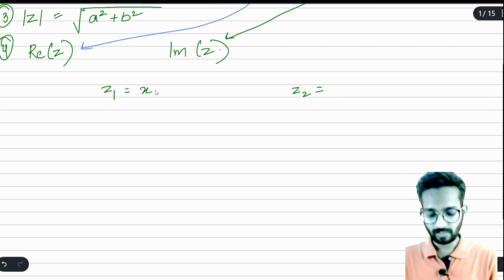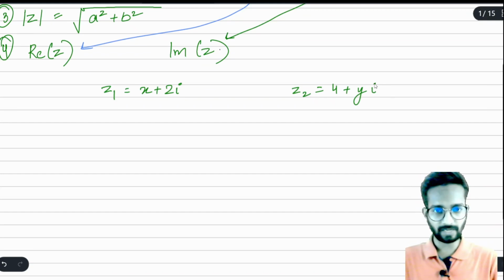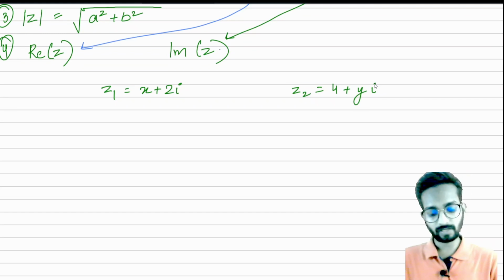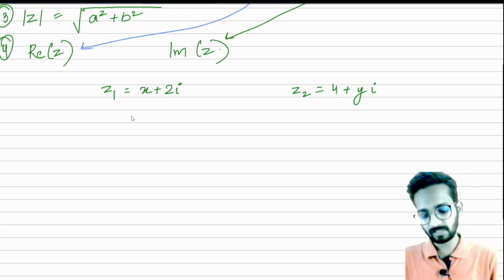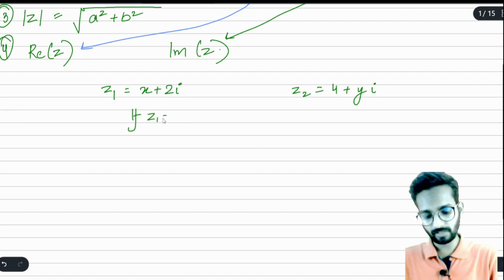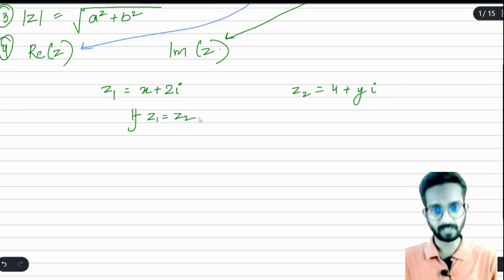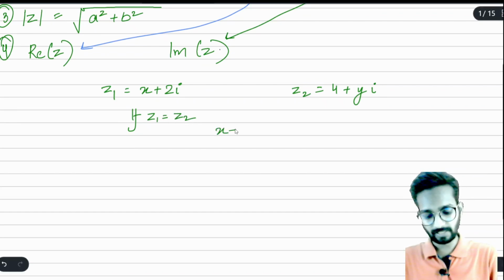Suppose it is given here x plus 2i and here 4 plus yi. i is compulsory, that we know. Real and imaginary parts are compulsory, this they have to give. Now understand this thing. If z1 is equal to z2 is mentioned, then x plus 2i is equal to 4 plus yi.